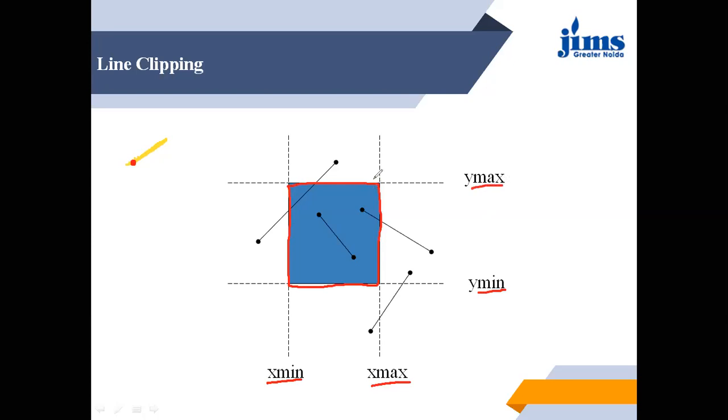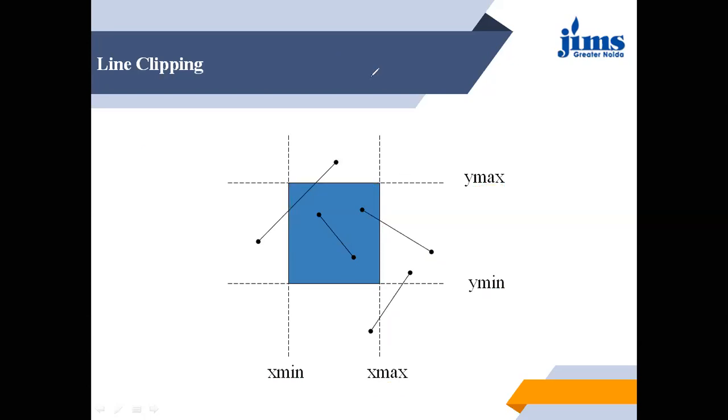If any point is inside this, then it is within the window, otherwise it is outside the window. You can see this is one line, this is the second line, this is the third line, this is the fourth line. When we say clipping of lines, it depends on the position of the line.